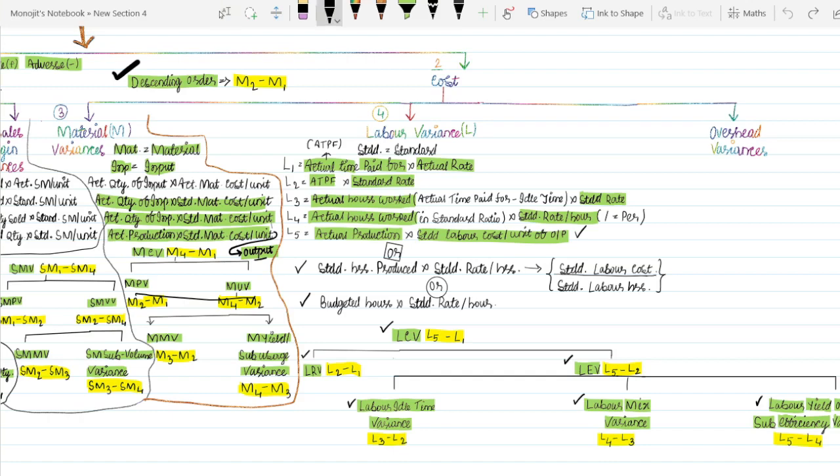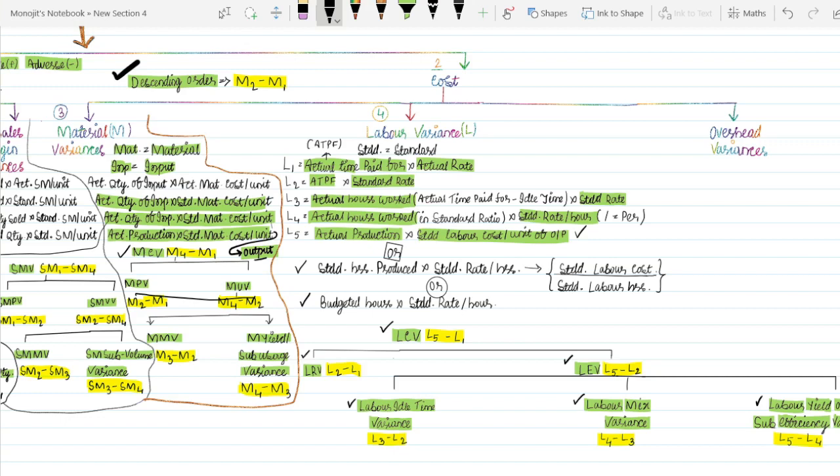In the chart you have to follow the descending order. The next part of cost is labor variance.